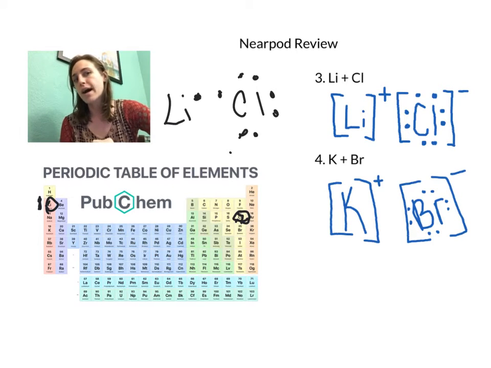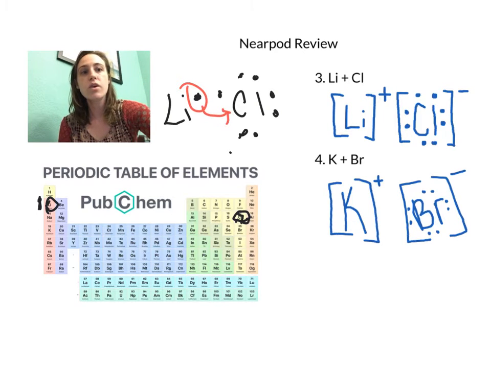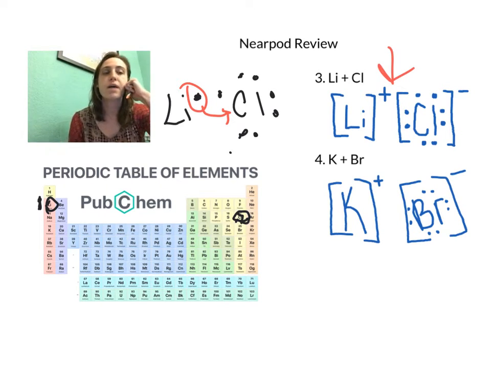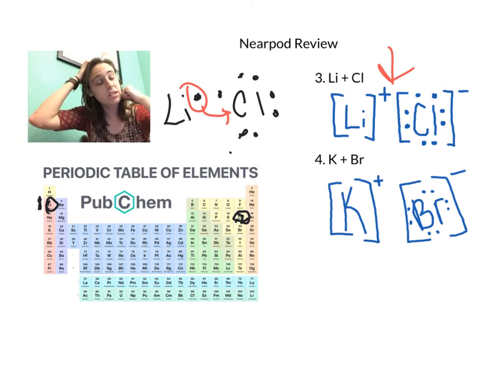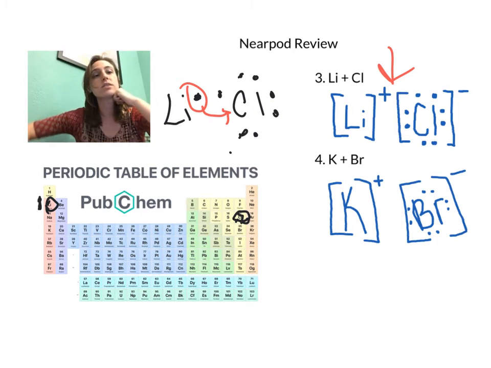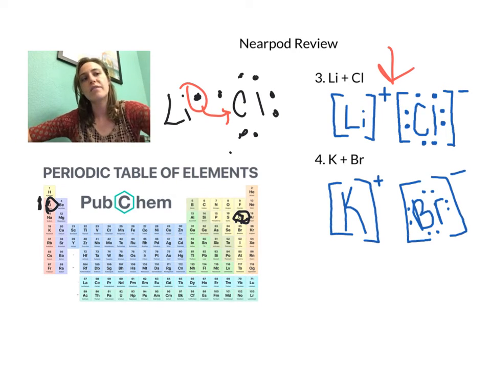Those are both neutral atoms. So this electron right there is going to move over to the chlorine, which is why, when you get the end result, you have a full octet on the outside of chlorine, and you don't have any valence electrons, keep in mind, on the outside of lithium. So you have a positive cation for lithium and a negative anion for chlorine.